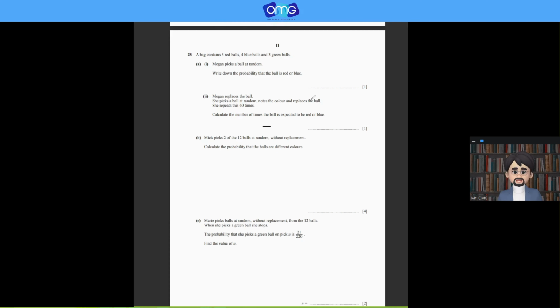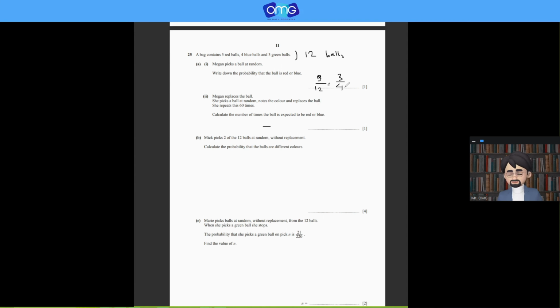Number 25. A bag contains 5 red balls, 4 blue balls, and 3 green balls. In total, this is 12 balls here. Megan picks only 1 ball. What's the probability of red or blue? In total 5 red plus 4 blue is 9 balls, over 12, and this is 3 over 4.